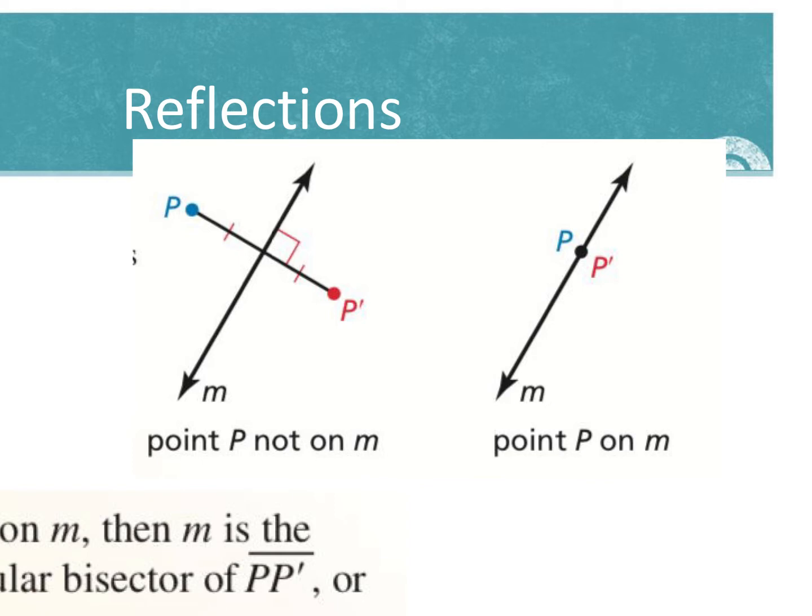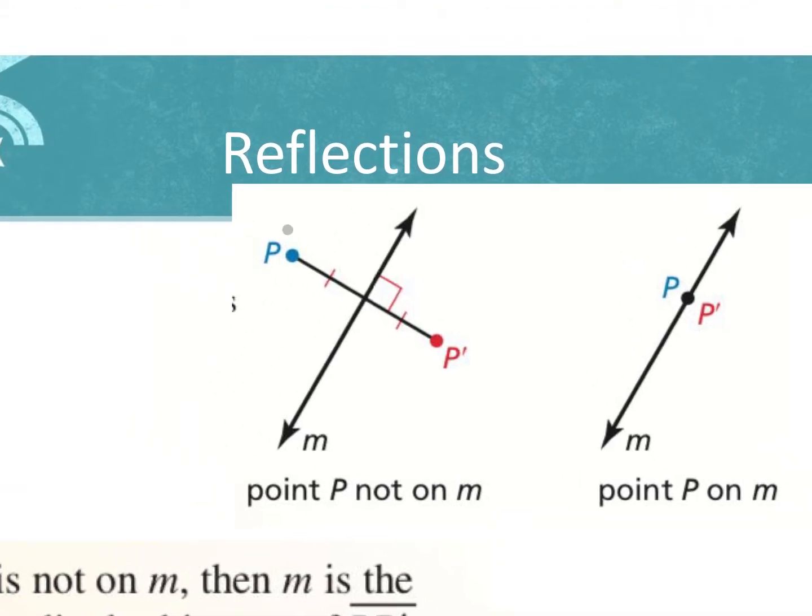Now, if our point P lied off of the mirror, like over here, where does it get reflected to? The other side of the mirror. Now, what angle gets created by the line of reflection? A right angle. It must be perpendicular here.